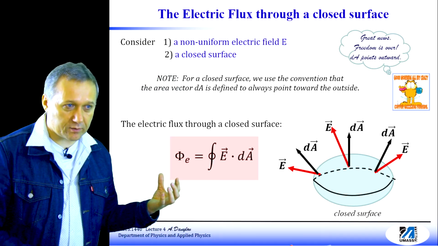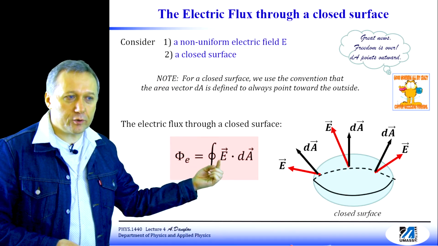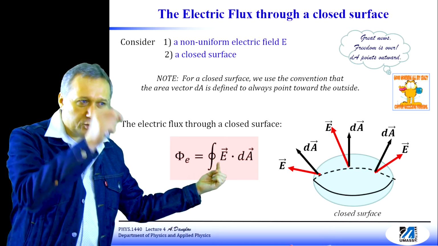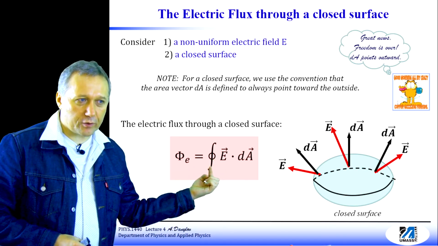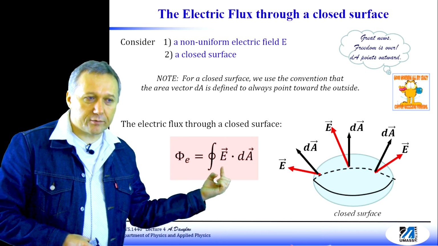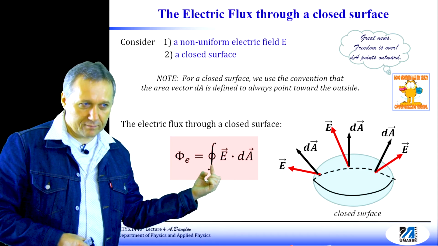And mathematicians, thanks to them, have lots of useful tools. They introduce this circle in the middle of the integral. That small circle in the middle tells us that integration is done over a closed surface.